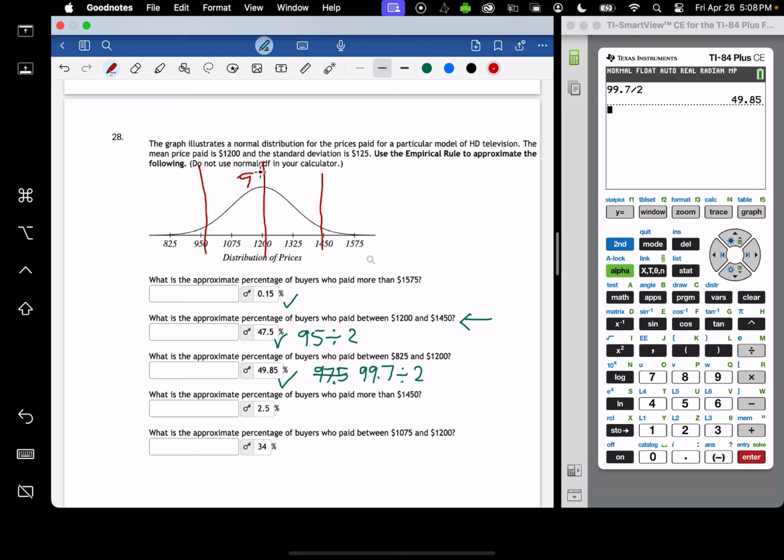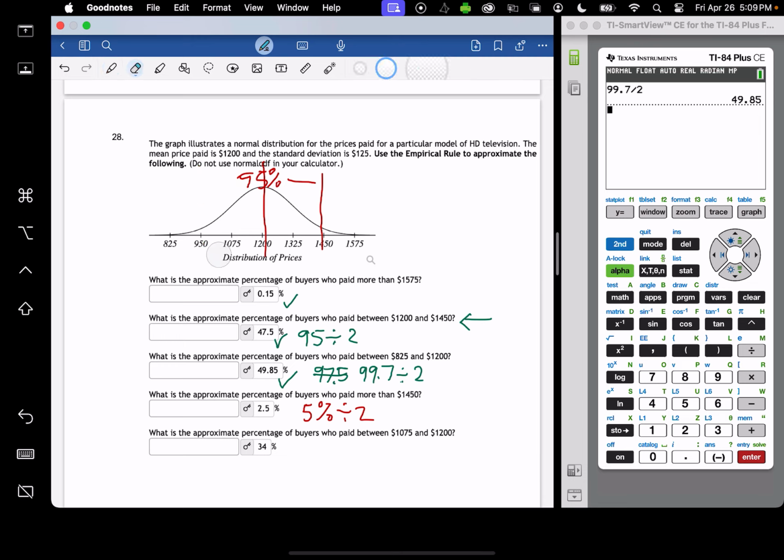Okay, so that means we're at 95% here. Okay, 95% means there's 5% outside of this area. And so I just need to take 5% and divide by 2, and that should give me the answer. Yep, 2.5%.